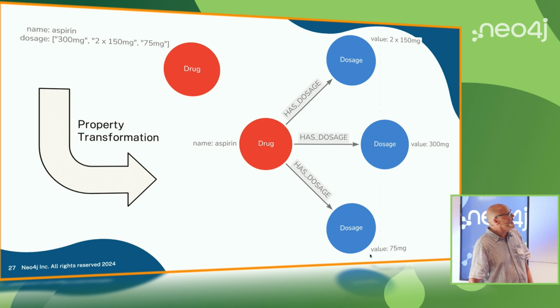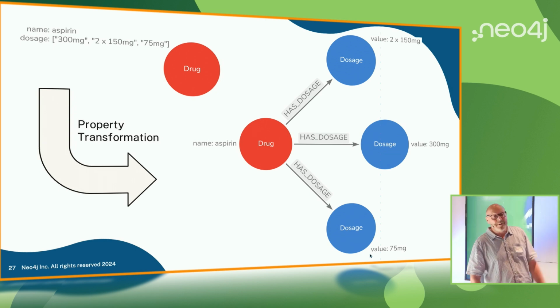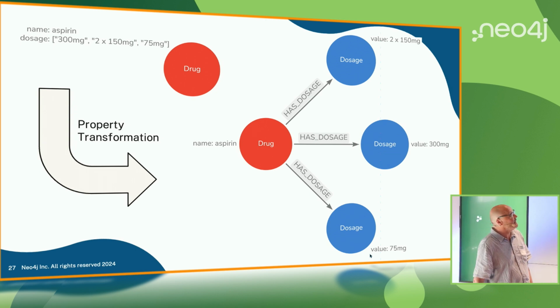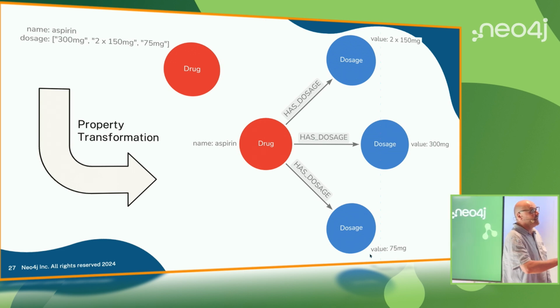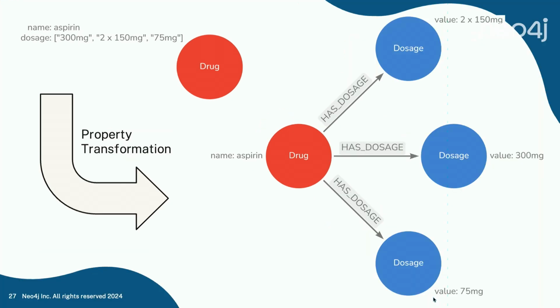What that means is, if we take this simple example of aspirin, which had this dosage, it results in us creating a number of additional nodes, each representing a dosage value. So we're promoting those values for that particular drug.